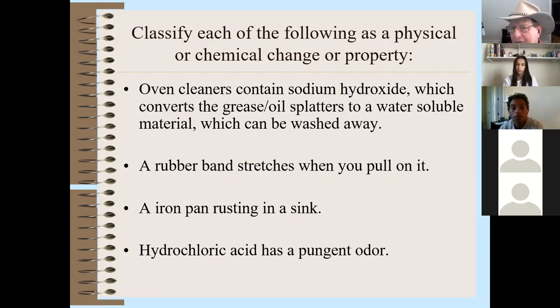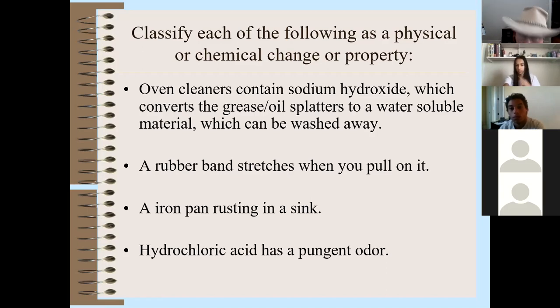So it hasn't occurred yet. Is it a property or a change? Property. Okay. Now, after you let go of the rubber band, is the rubber band the same as when it started? Yes. So is it a physical property or a chemical property? Physical.